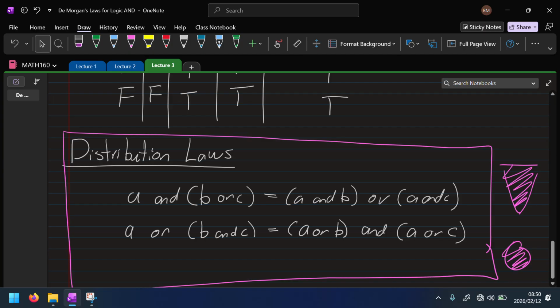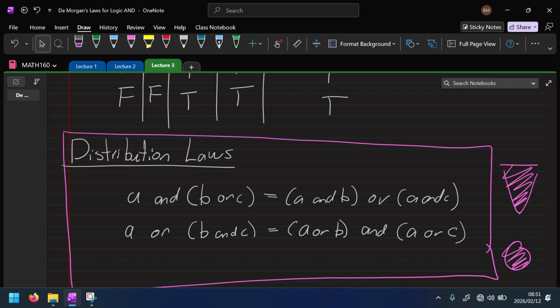Okay, so it's not too difficult to remember these. It's called the distribution laws because these ands and ors behave very similar to pluses and times, right? So let's have a look at this. Think of this and as like a multiplier. Okay, so we have A and we have brackets. What do we do with brackets? We distribute inside. So A and distributes to B. A and B. Think of the or like a plus.